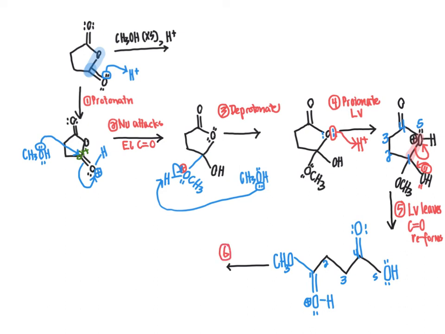And in step 6, what's going to happen is that we have deprotonation. And in this deprotonation, we bring in another unit of base, which the base that we had available was our methanol. So we bring in our methanol.